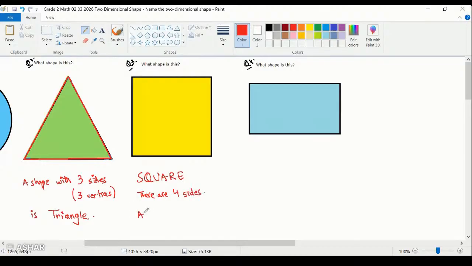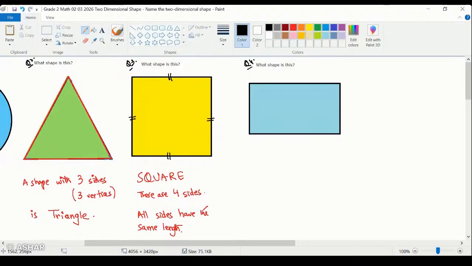And all sides have the same length. Agreed? Perfect. See, what we need to remember is, in a square all sides will have the same length.